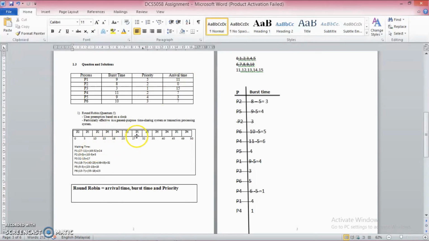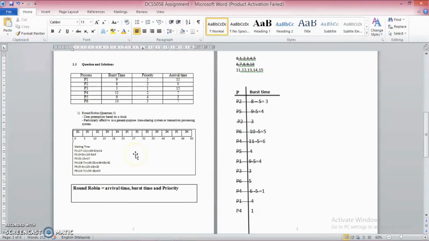And then you not only have one P1, you also have another P1 here, which starts at 45, and the previous P1 ended at 32. So you have to minus 45 with 32. So you have to add both of these to get the waiting time. The same goes for P2, P3, P4, P5 and P6.